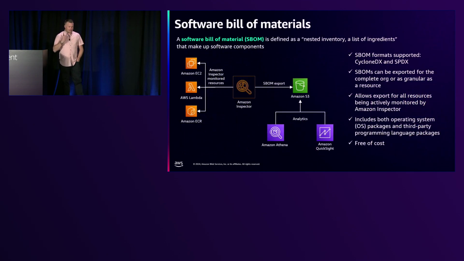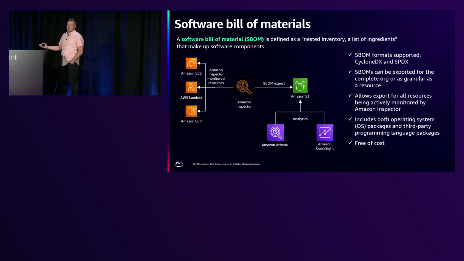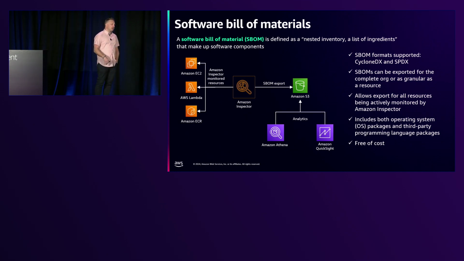The other nice thing that Inspector offers is the ability to generate a software bill of materials, or an SBOM. We want to be able to know where all of these dependencies exist inside of our workloads across all of our accounts. So once Inspector's turned on, we can then request an SBOM be generated. And the SBOM can be generated across our whole organization, targeted to a specific account, or targeted all the way down to a specific resource, like one Lambda function or one EC2 instance.